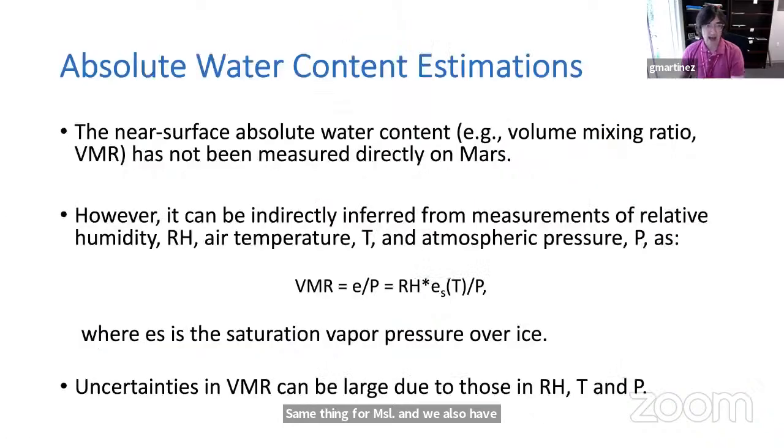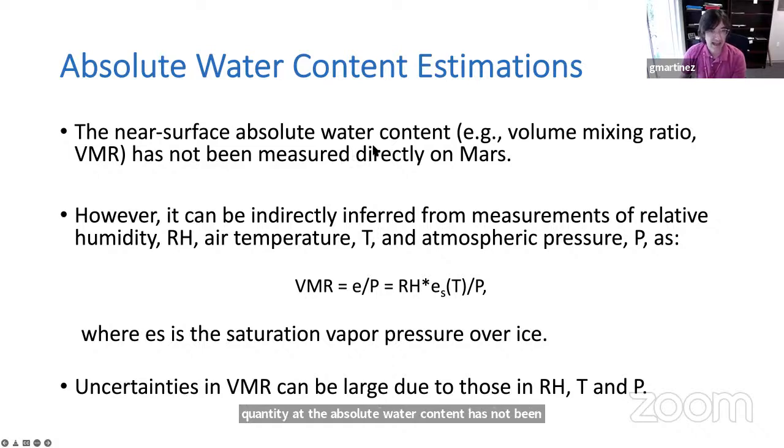So, okay, I've shown the ground temperature and relative humidity, which are our actual observations. But what about the absolute water content? I'm sure you are familiar with papers that have shown these values from different missions. But I want to make the important point that this quantity, the absolute water content, has not been measured on Mars.